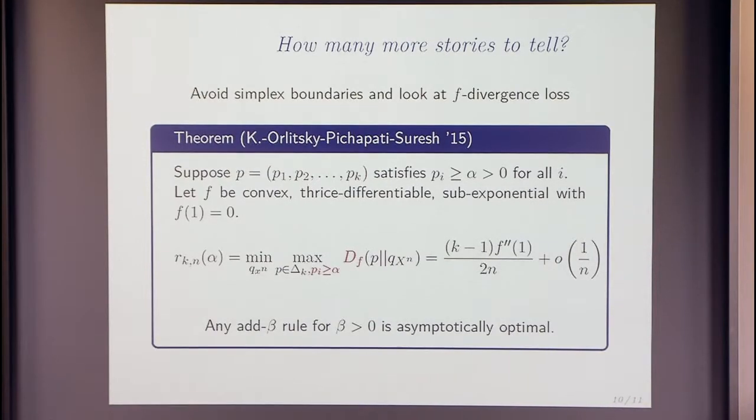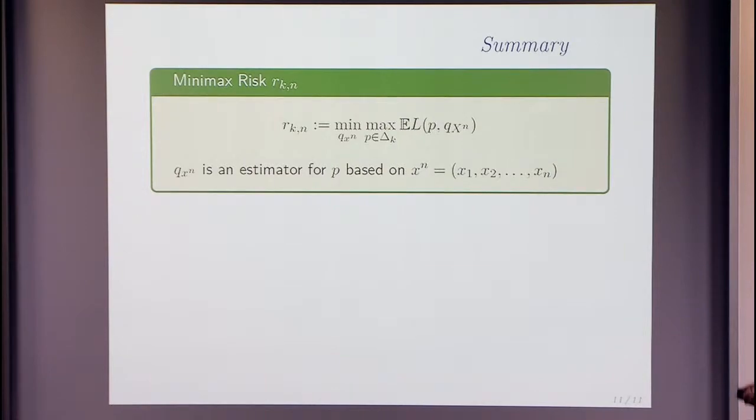So that's really all I have. In summary, I described to you the minimax risk for a general loss function. I gave you non-asymptotic upper and lower bounds for chi-squared notion of loss. And these bounds were quite sharp in that they characterize the first order term in the asymptotic behavior when the alphabet size k is held fixed and the number of samples n grows.